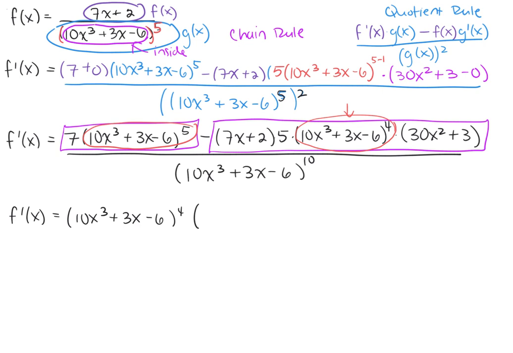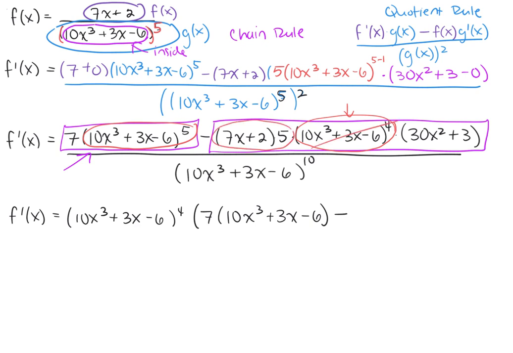In this term here, when I factor out one of those, I'm going to be left with that 7, and then I'm going to have one more of these left. So 10x to the third plus 3x minus 6, okay? And then minus, over here, I'm still going to have this.